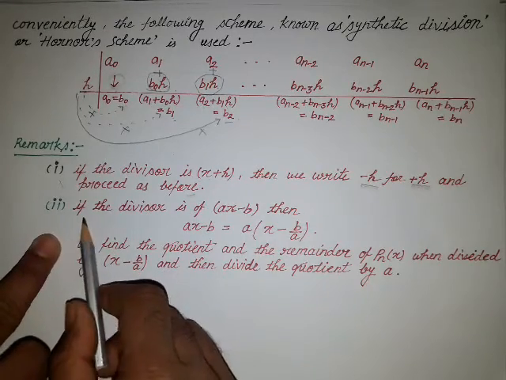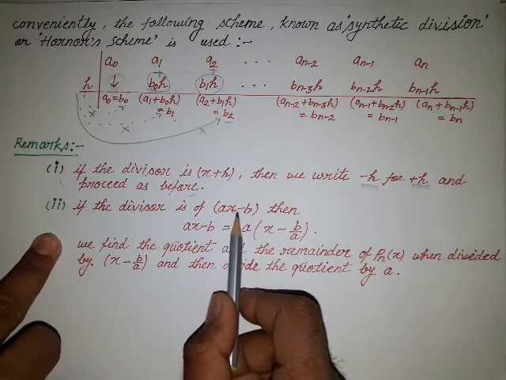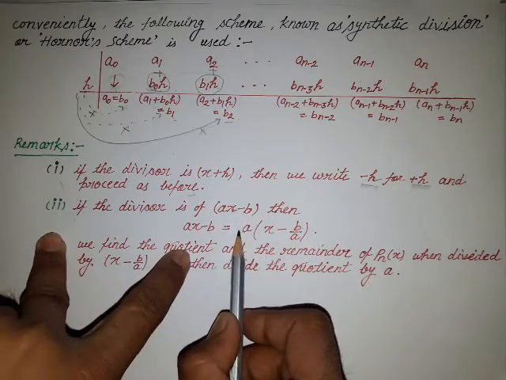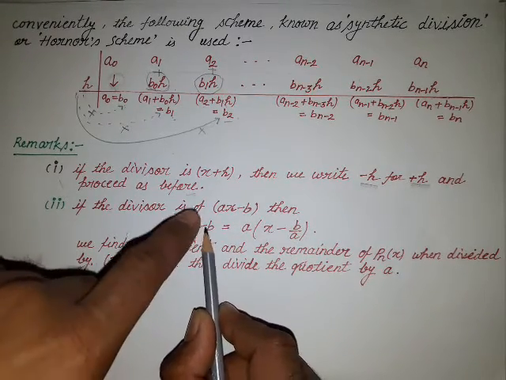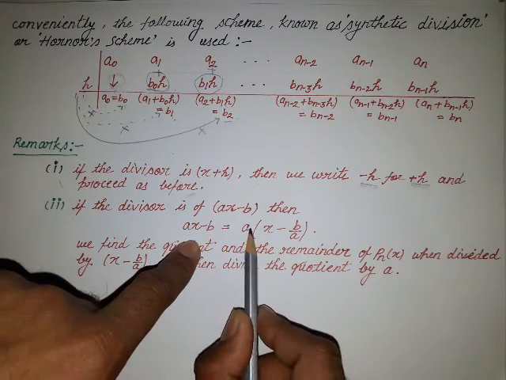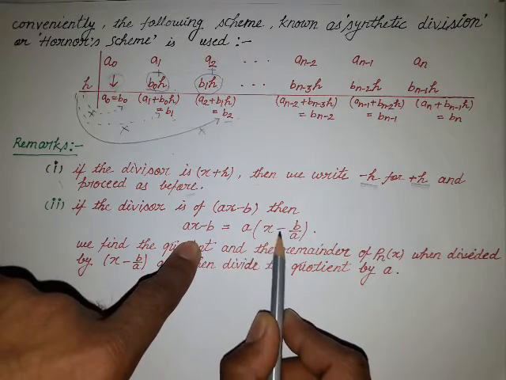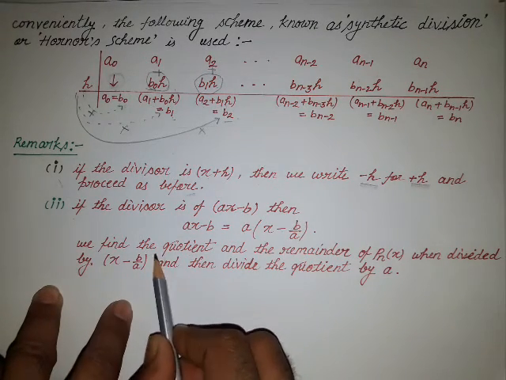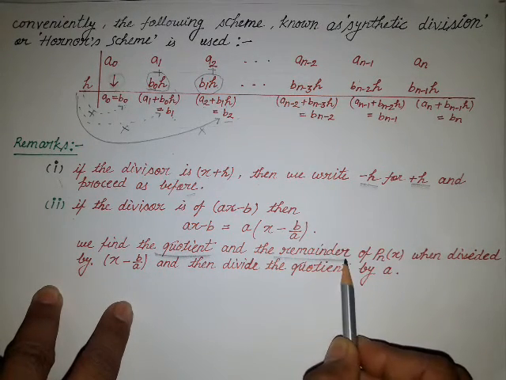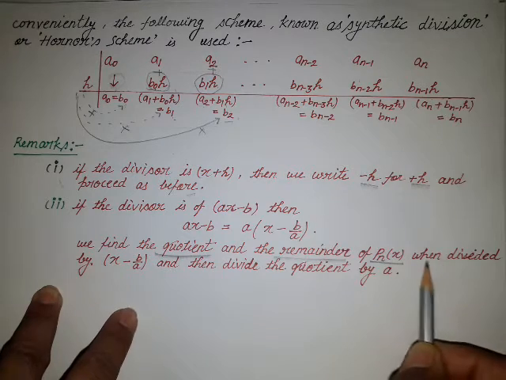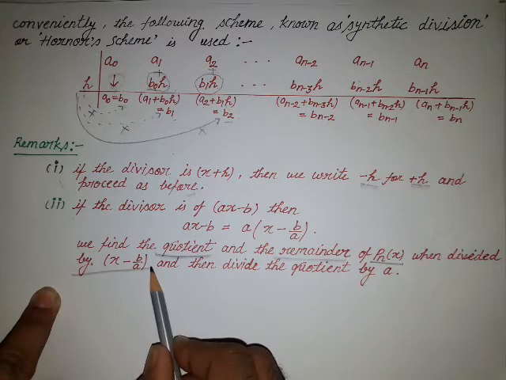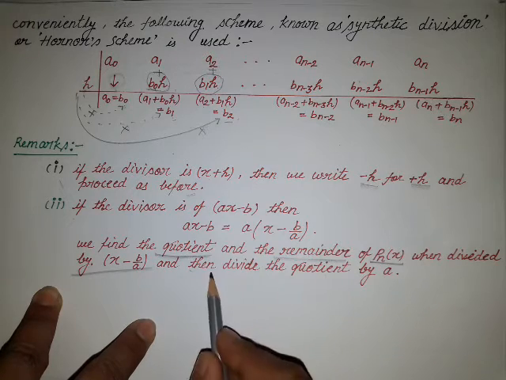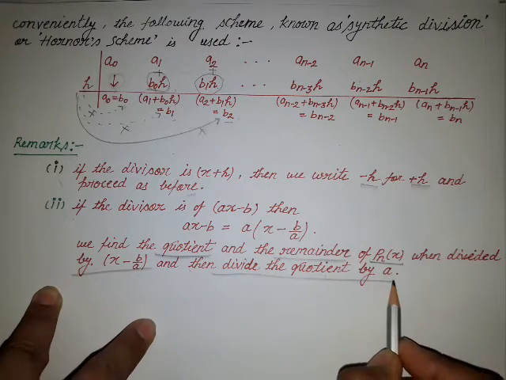Second, if the divisor is of the form ax minus b, first we write it in the form a multiplied by x minus b by a, and then we find the quotient and the remainder of p(x) when divided by x minus b by a, then divide the quotient by a, and we get the final answer.